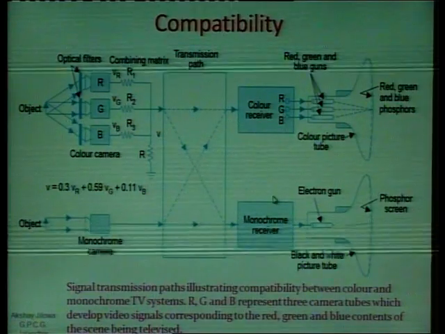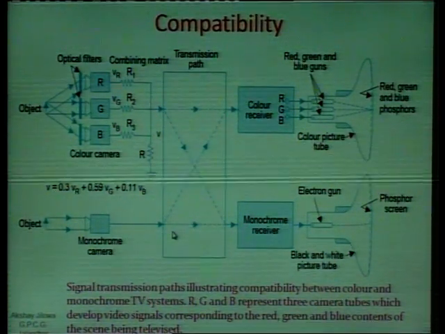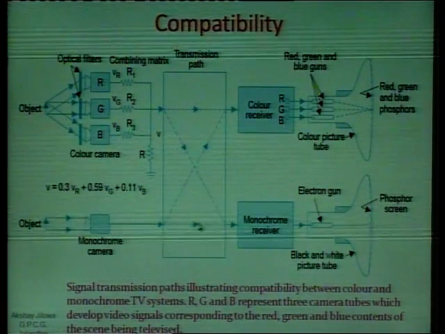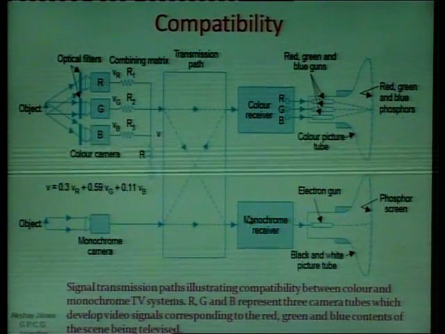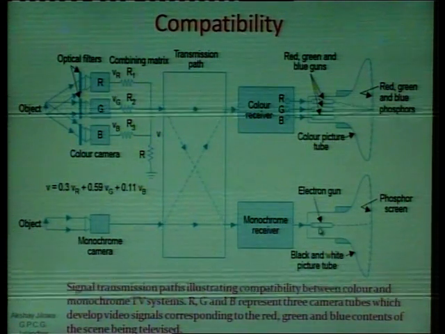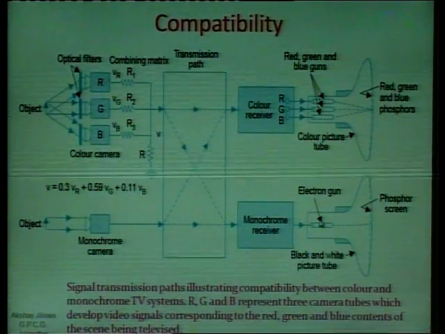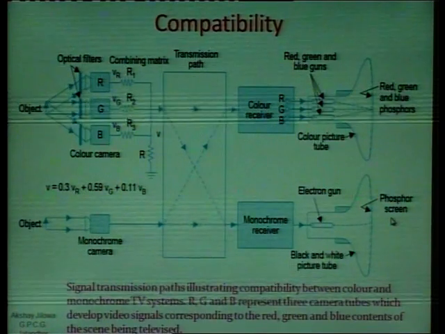This box shows the transmission path. When we transmit the signal through the transmitting antenna, the monochrome receiver receives it through the receiving antenna, and after reception it gives it to the electron gun, which is a single gun, and here we have the phosphorus screen.